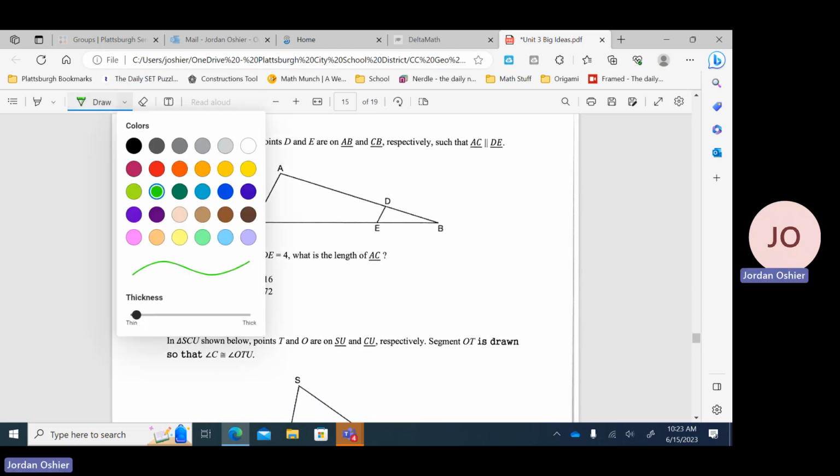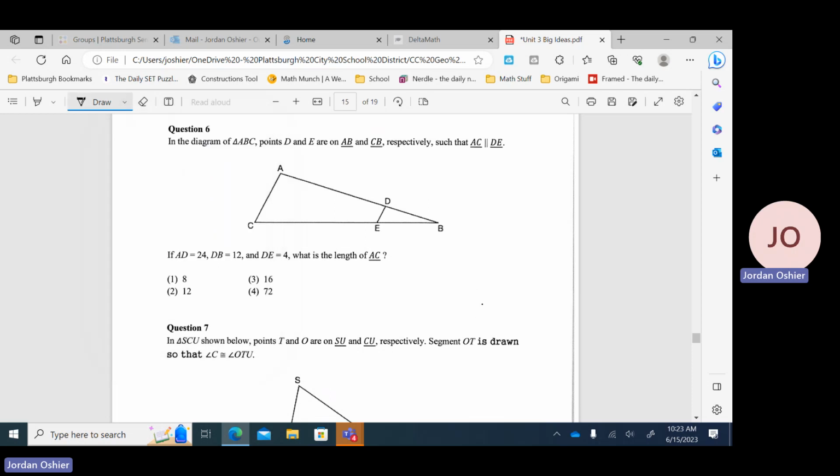In the diagram of the triangle, we have points D and E, and the lines are parallel. So again, I'm automatically jumping to similarity. AD is 24, DB is 12, DE is 4. The second I see that I'm using DE, I'm trying to remember that I want to label 36, because I'm solving for AC, which I am, it's the 2 triangles.